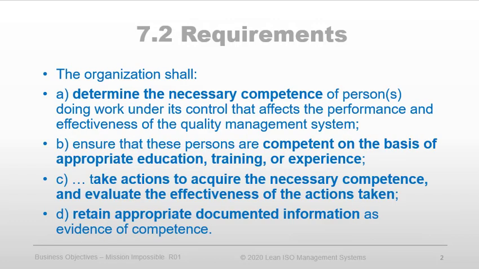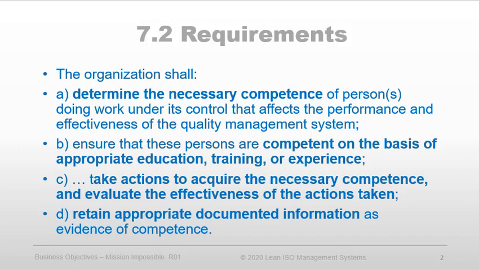In this exercise, we will build a training program to satisfy the requirements of elements 7.2 and 7.3 of the ISO 9001:2015 standard. Let's start by extracting the requirements from the standard. 7.2 Competence. We will highlight the keywords in the list.